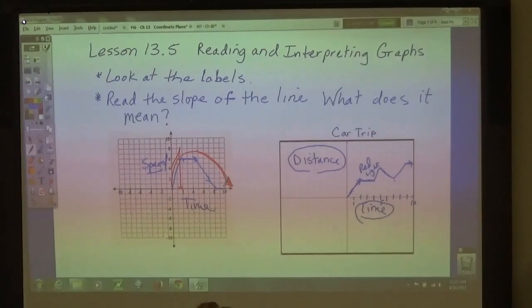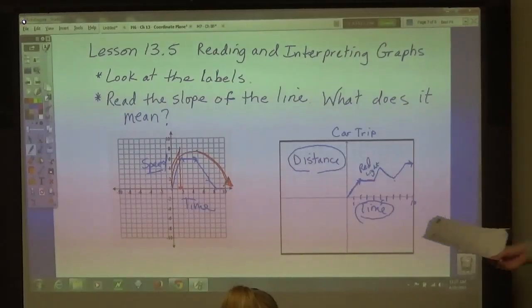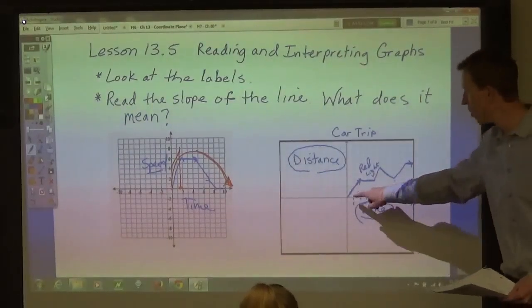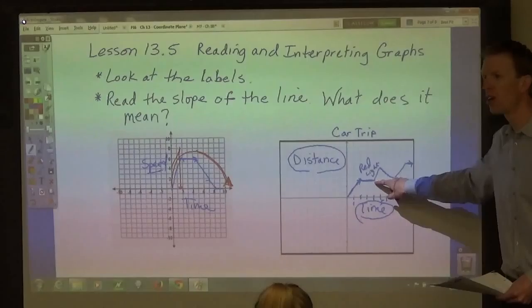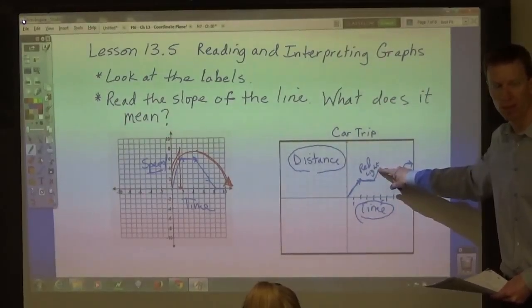Describe where the graph shows the car moving forward. The middle one? Anytime the line is going up, or it's called a positive slope, would be moving forward, right?